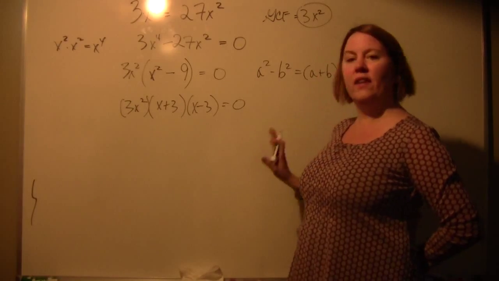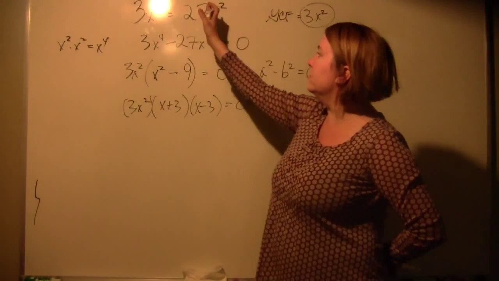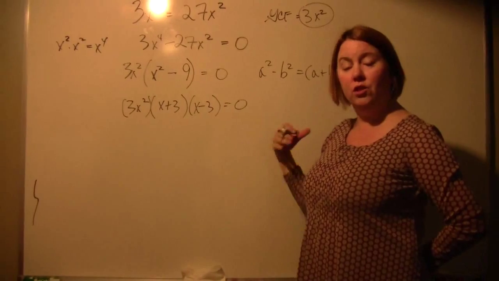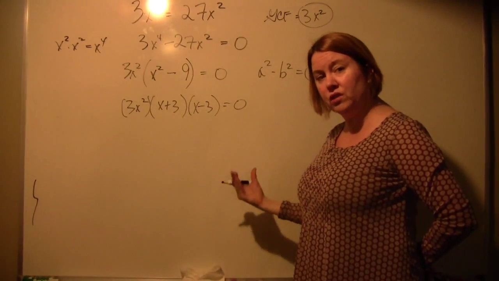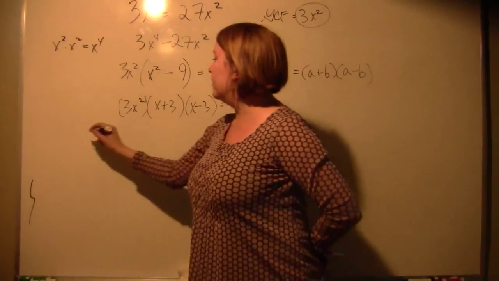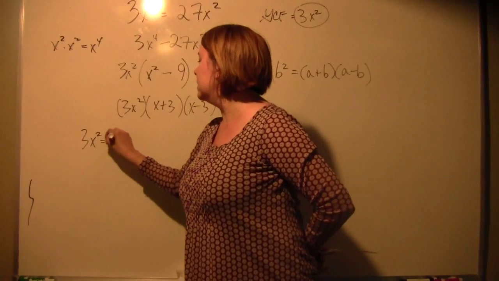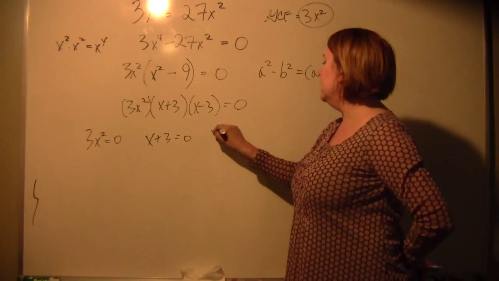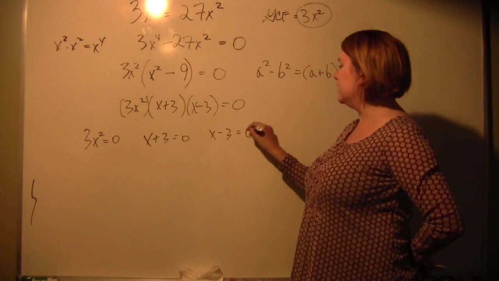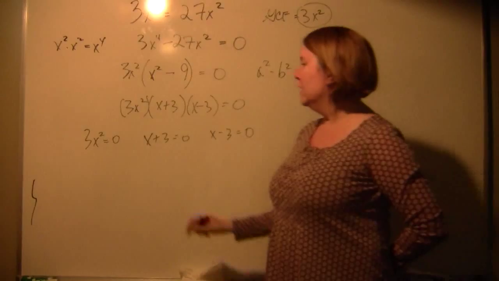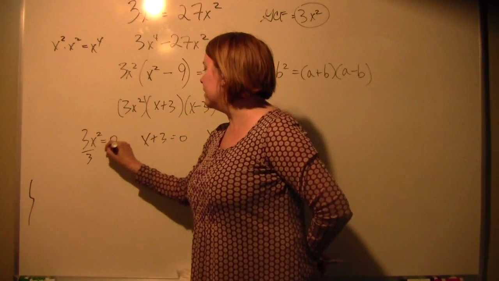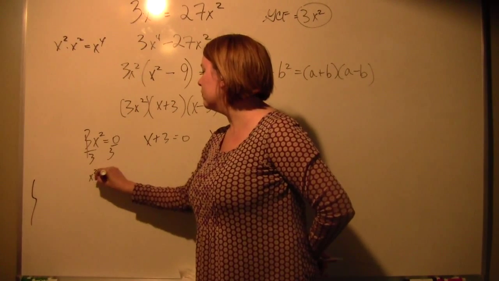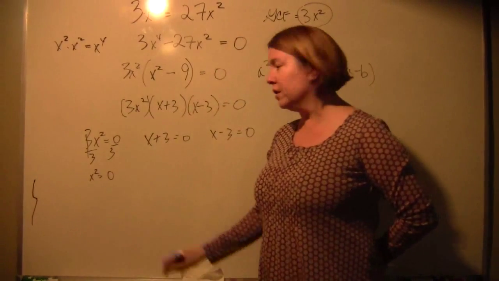So once you have the polynomial factored, you set each factor equal to 0 to get your solutions. So we've got 3x squared equals 0, we've got x plus 3 equals 0, and we have x minus 3 equals 0. If you divide both sides by 3, you get x squared equals 0.